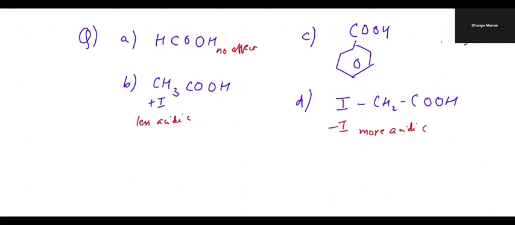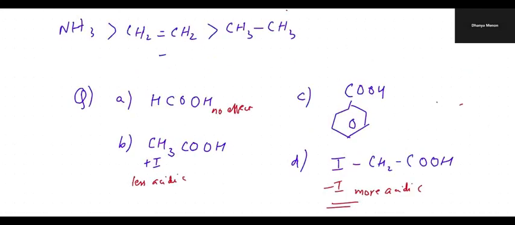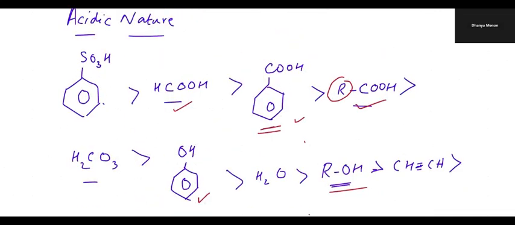So definitely, because of the minus I effect, D has become most acidic. Now we have the comparison between A, D, and C. Here we can check the list: formic acid, benzoic acid, and acetic acid. So formic acid is most acidic, then benzoic acid, then acetic acid, right?